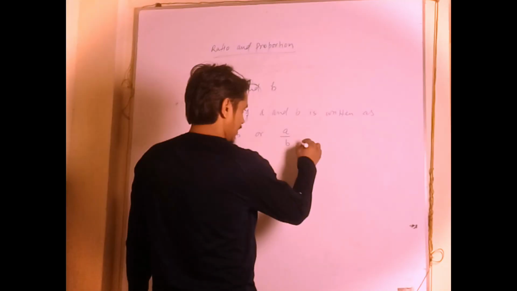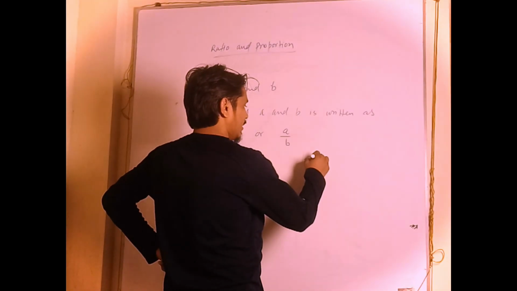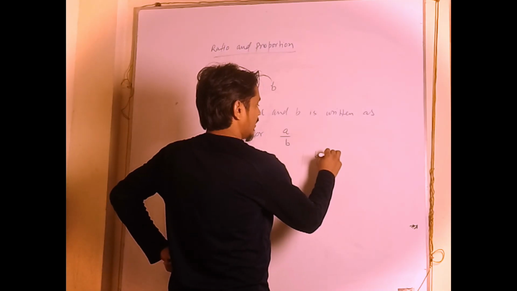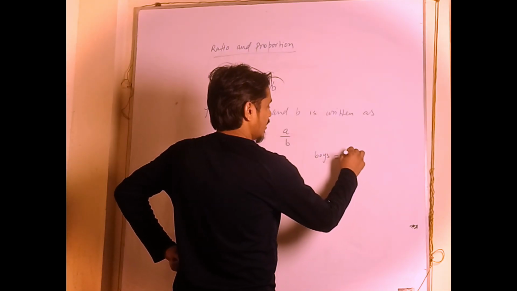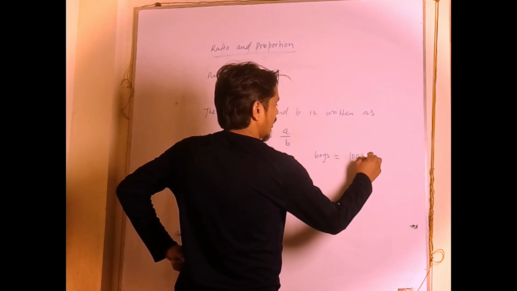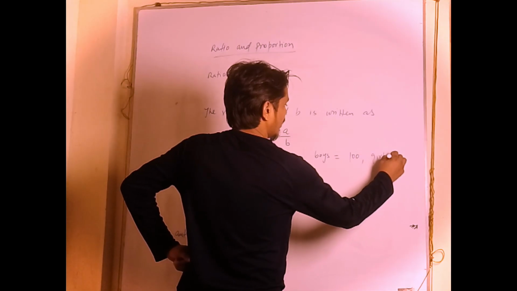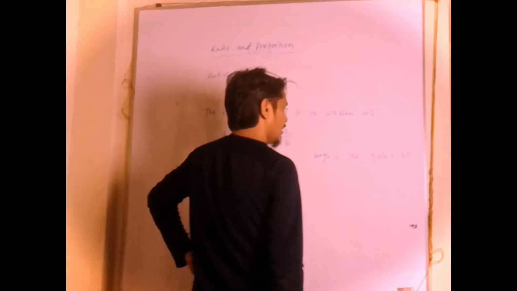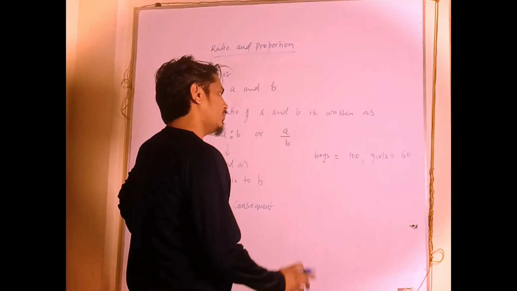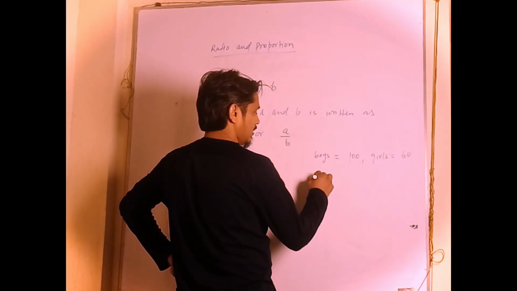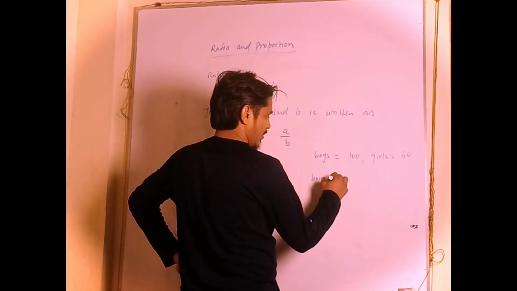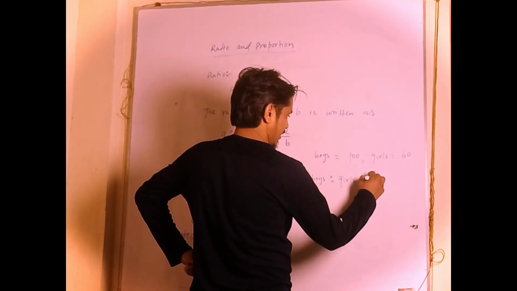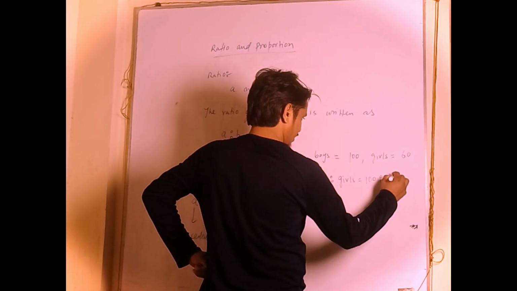For example, let's say in a class the number of boys is 100, and girls is 60. If we want to find the ratio of boys to girls, we can write it as boys is to girls as 100 is to 60.